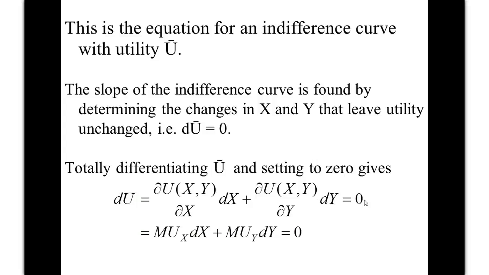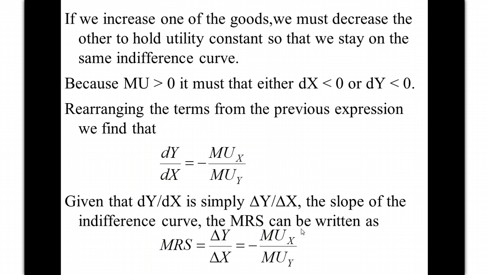If you consume more of one good and utility rises, you must consume less of the other good, so utility falls. And the key to being along an indifference curve is that the change in utility is 0. That is the indifference curve. The consumer is indifferent between consuming different bundles of goods along the indifference curve. That's the basis of them. So if we increase one of the goods, we must reduce the other.